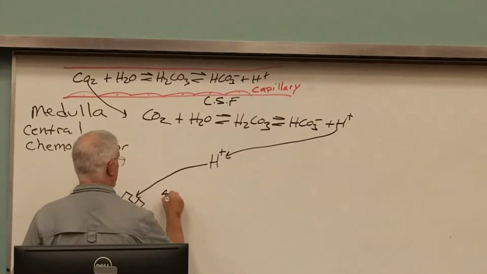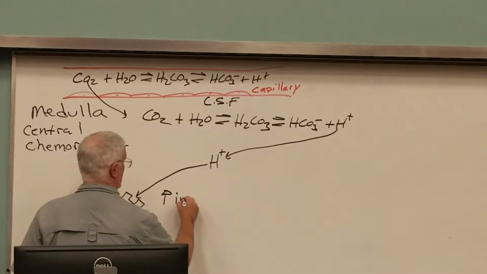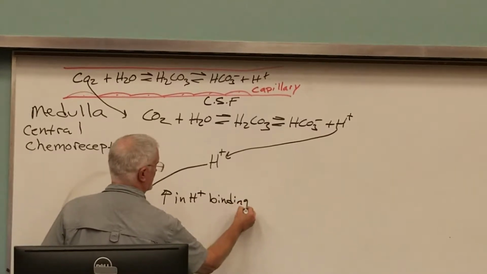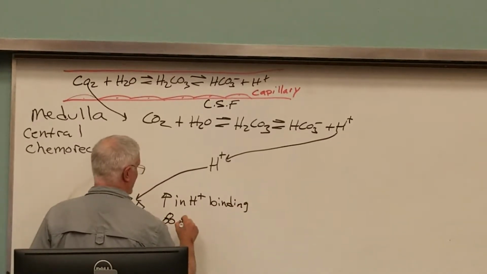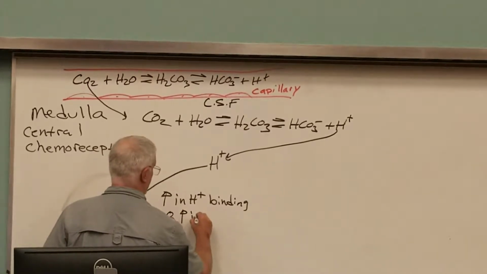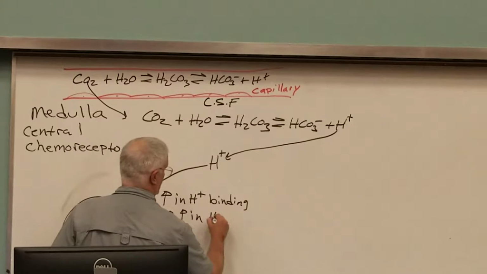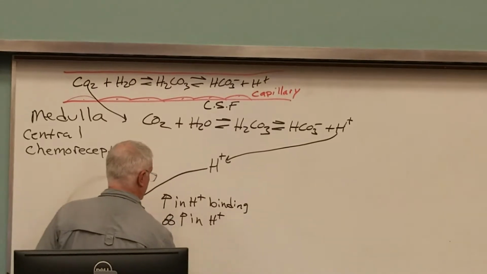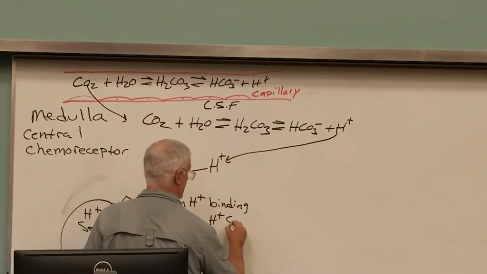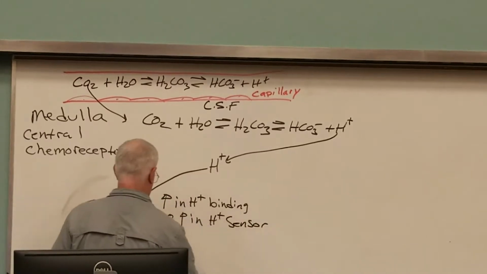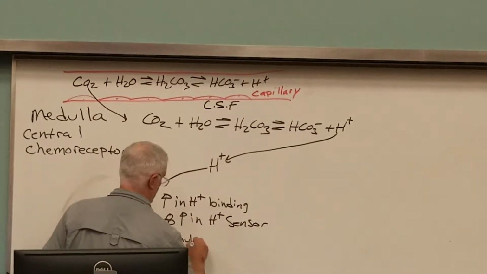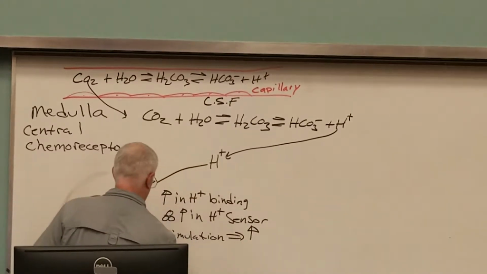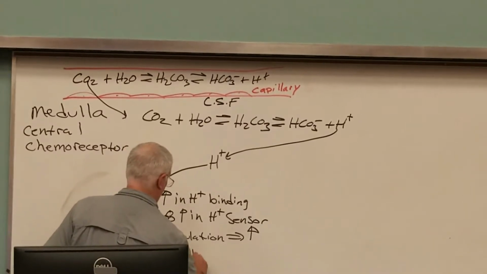And if you have an increase in hydrogen ion binding, three circles means therefore, increase in hydrogen ion sensor stimulation, which leads to an increase in respiration rates.